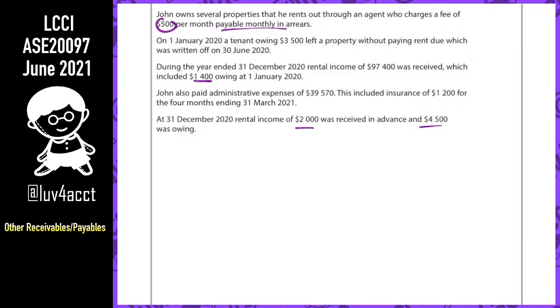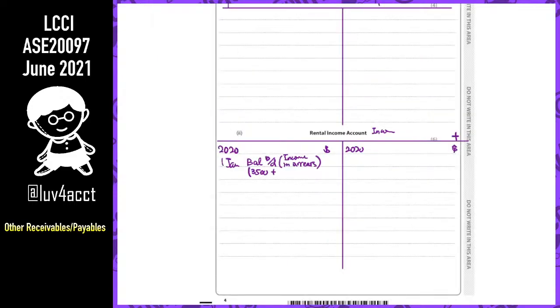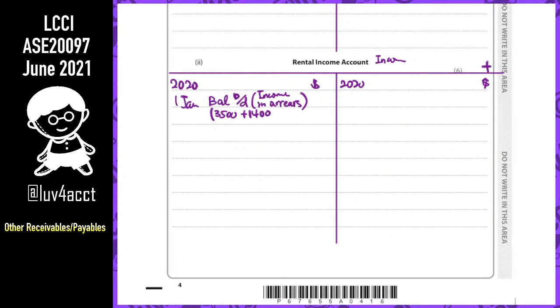So 3,500 and 1,400, making 4,900 in total opening. So the amount owed to us, income in arrears, we should have received but haven't received, so it is a receivable for us. So it is our asset, so it goes to the debit side. The opening balance is in the debit side.